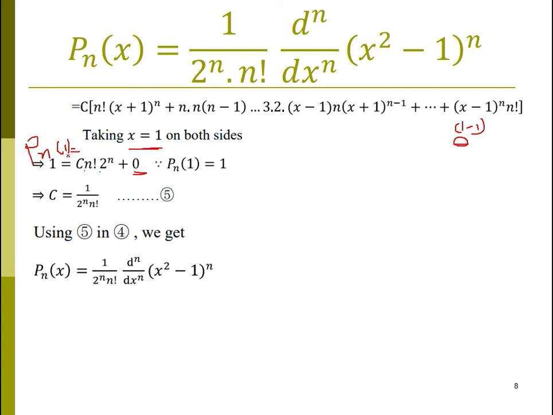And the value Pn(1) is equal to 1. So the value of C is equal to 1 upon 2ⁿ into n!, and we put this C in equation number 4.